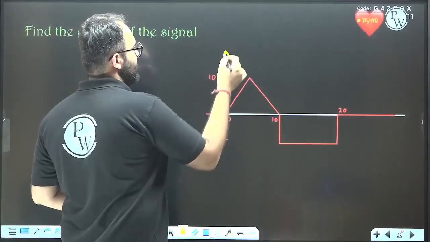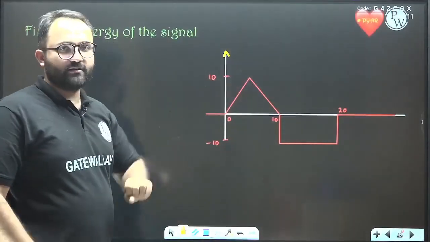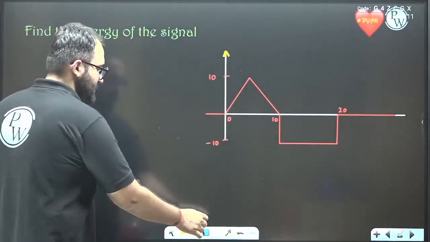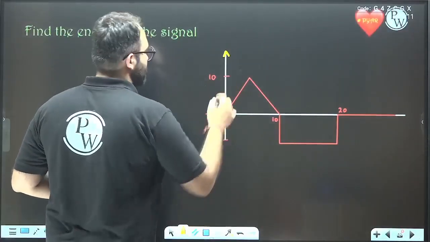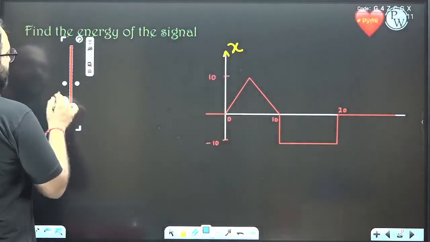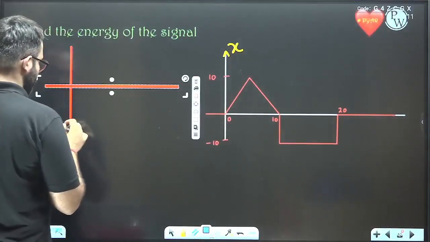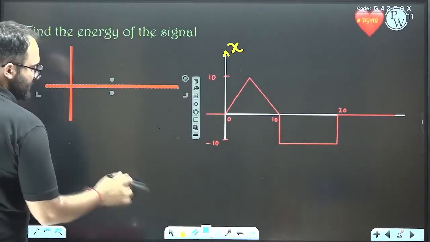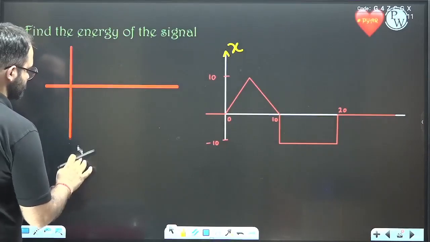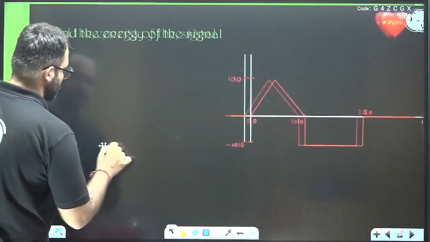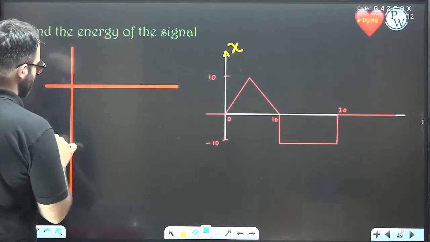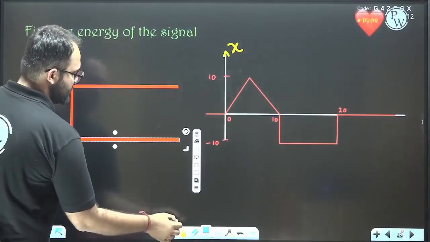Now let's move on to this case. Suppose this is an example and you have to find the energy of this signal. We can see that this whole signal x can be written as a sum of two signals.